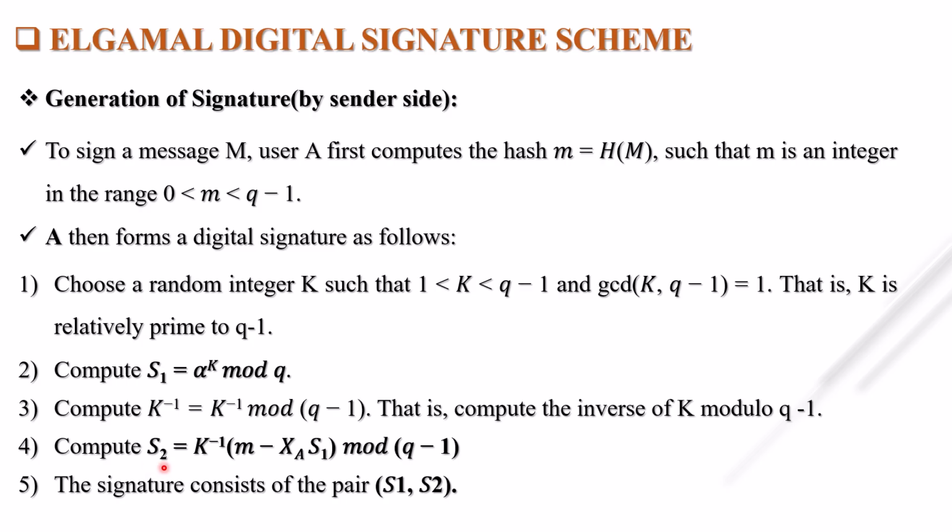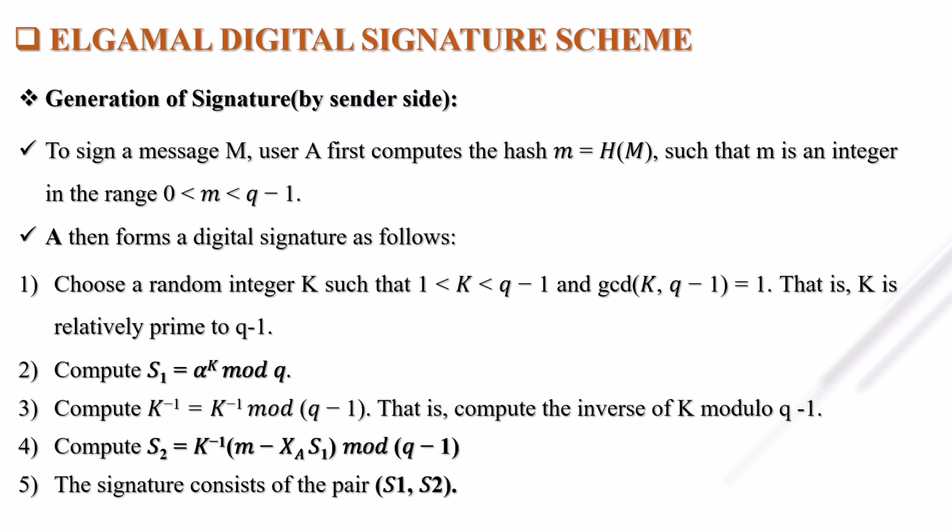S2 is equal to k inverse times (m minus xa times S1) mod q minus 1. Here m is the message hash, an integer less than q minus 1, xa is the private integer selected by the sender, which we already saw in the previous slide, and S1 is generated from above. So in the ElGamal digital signature, the signature consists of the pair S1 and S2.